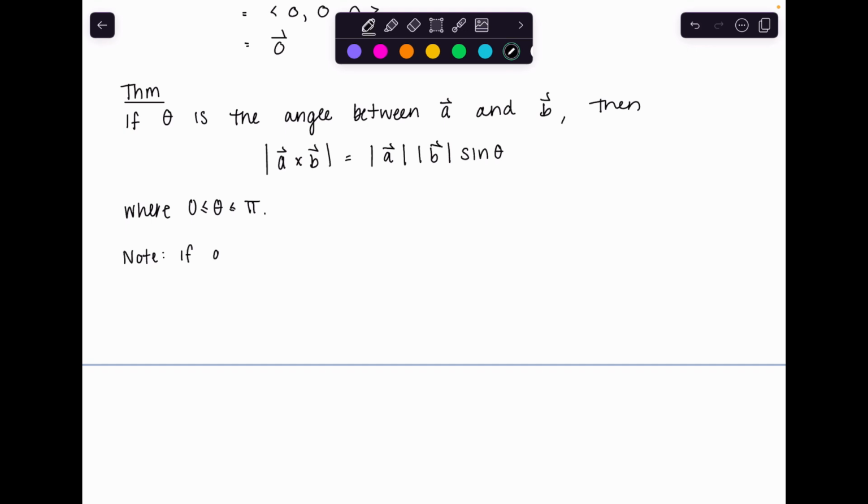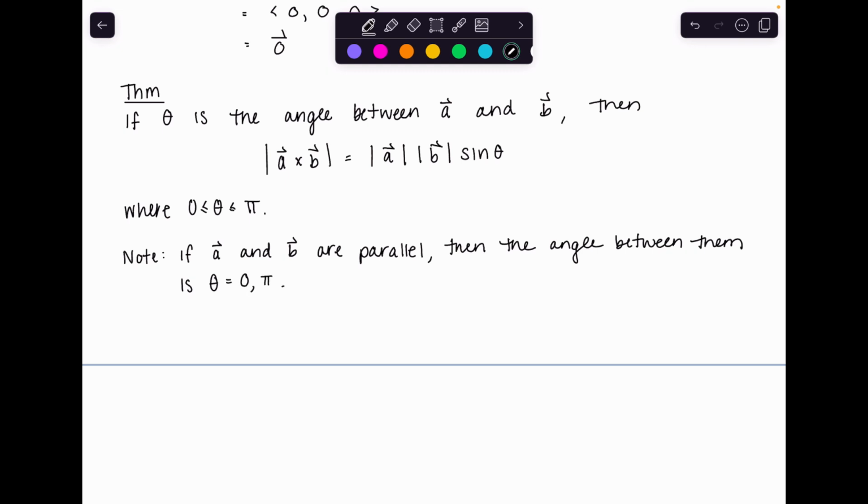If A and B are parallel, then the angle between them is theta, and it's going to be 0 or pi. So when I plug that into this formula, the magnitude of the cross product is the length of A, the length of B, times sine of 0 or pi, which is 0.